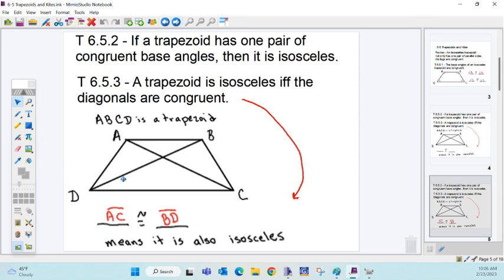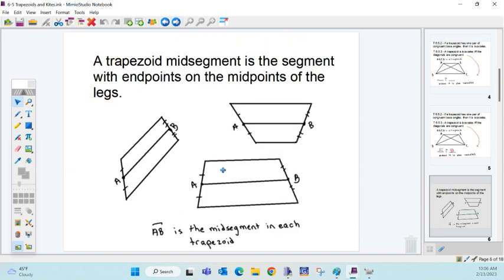That means that it's isosceles. If we know that it's a trapezoid, two parallel sides, it's isosceles if those are congruent, so same length. Everybody's got that down. I know I didn't leave you a whole lot to write for these. Stop me if it doesn't make sense.